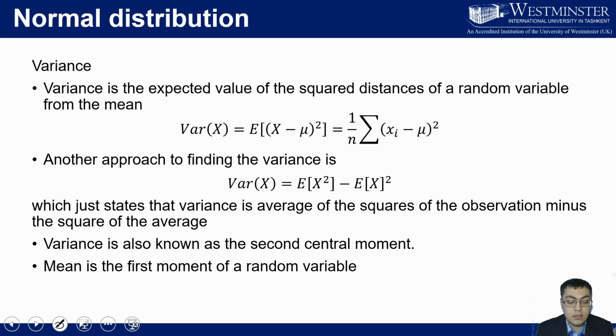Which again just states that variance is the average of the squares of these numbers minus the square of the average. Variance is also known as the second central moment. A moment is just the expected value of a random variable raised to an integer exponent.